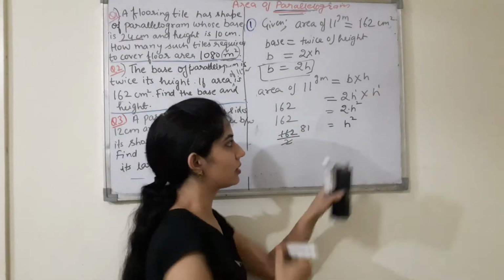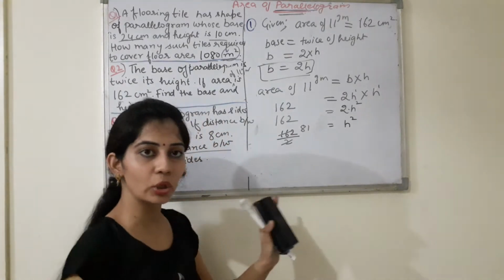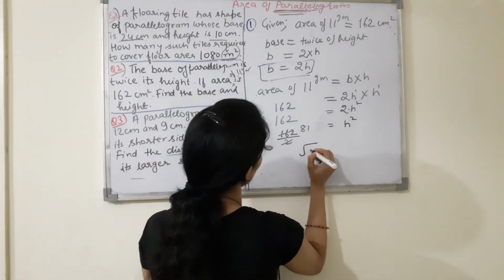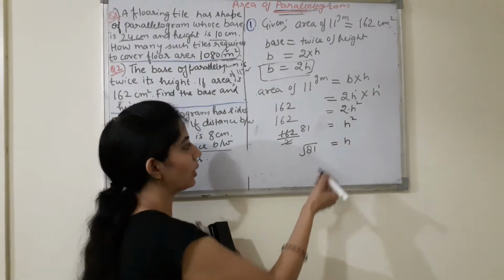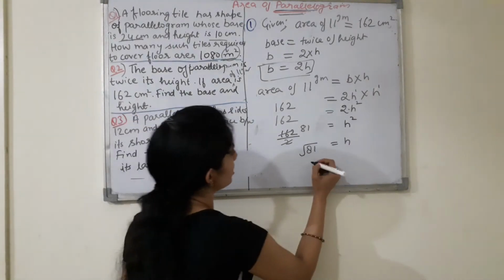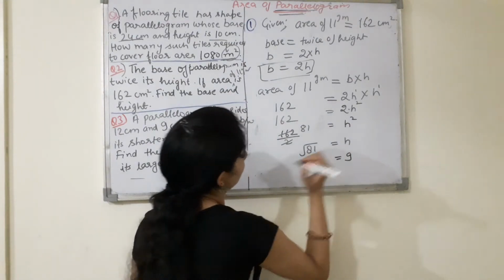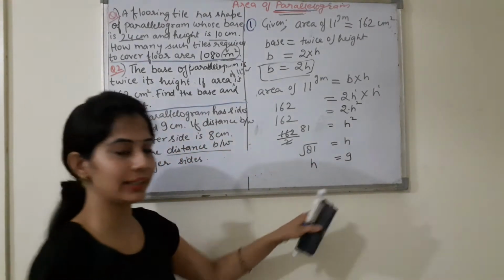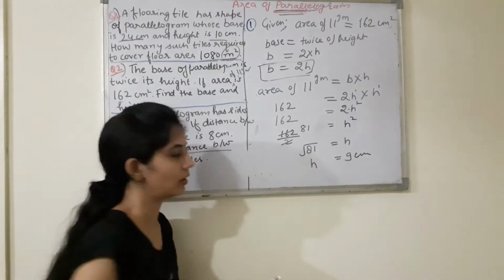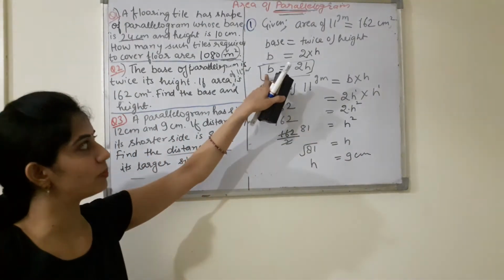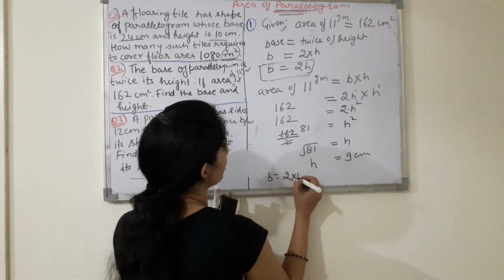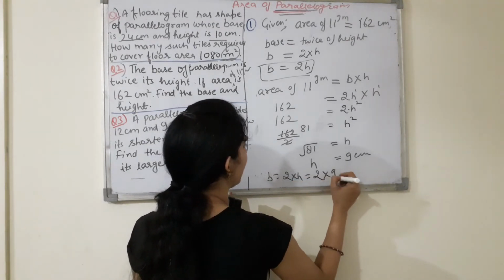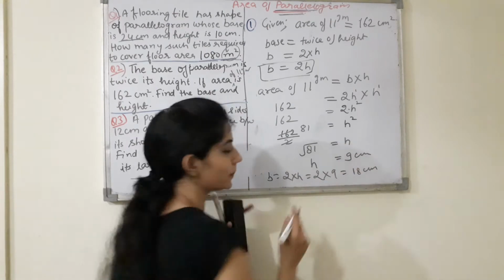Now this is in square, so when it goes to the other side, it will come in root, square root of 81 is h. So what is the square root of 81? This is 9. So it means your height is 9 centimeter. Now you can simply find the base, as base is twice the height, so base will be 2h. So this is 2 into 9, 18 centimeter, right?